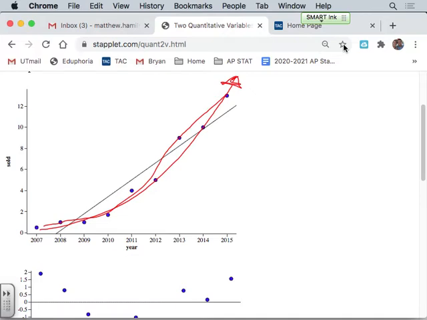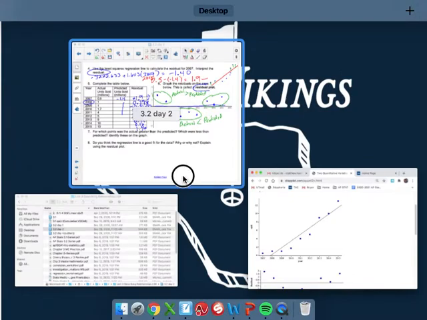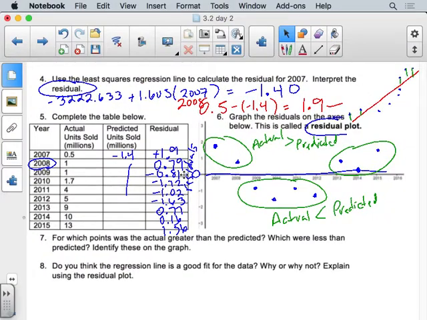If the residual plot is showing a pattern of up and down like this, it's saying that the line is not really hitting through the middle of our data very well.